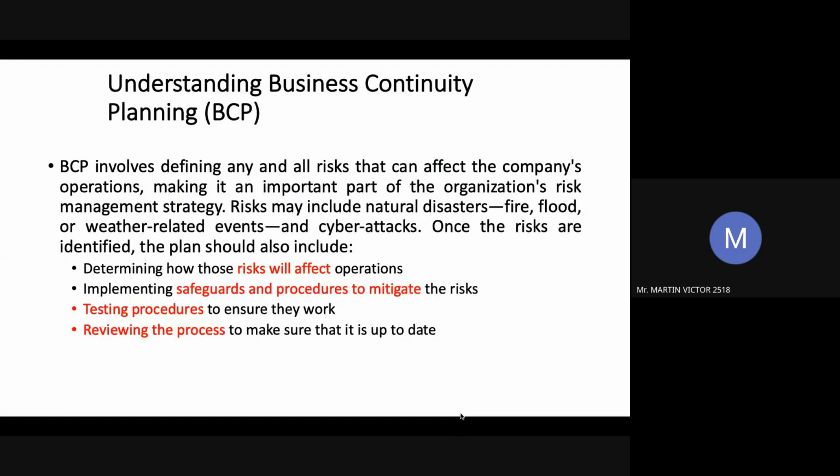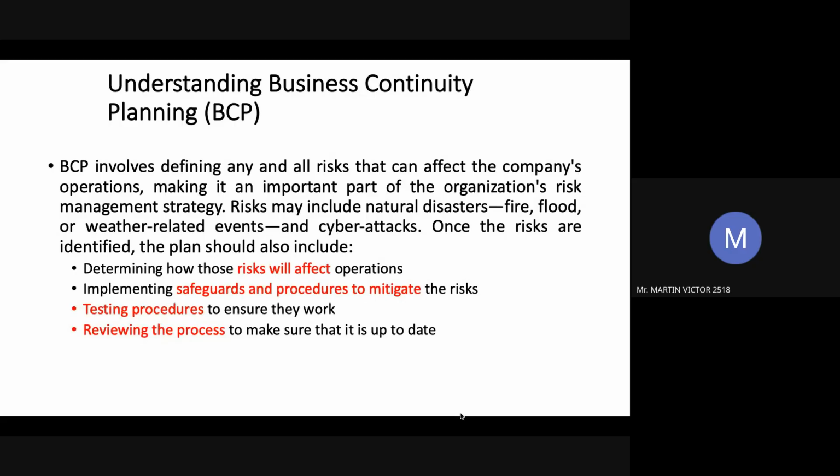If we want to understand business continuity planning, it involves defining all risks that can affect the company's operations, making it an important part of the organization's risk management strategy. The risks can be natural disasters like fire, flood, or weather-related events, or cyber attacks.